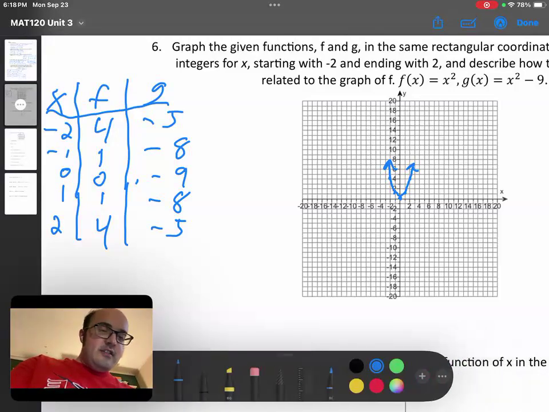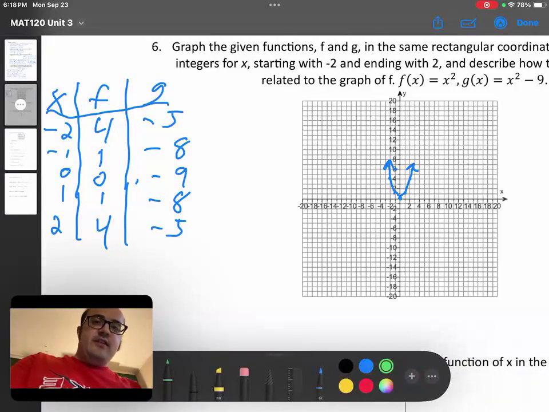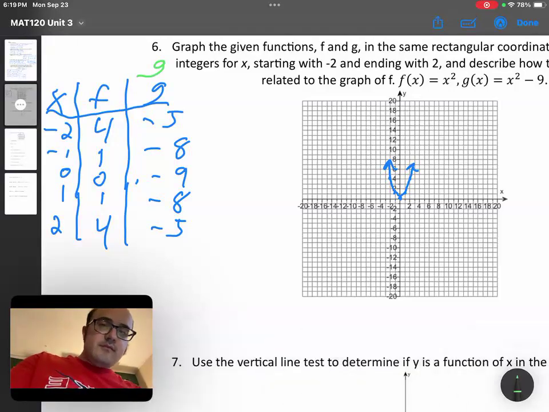This is for f. And then for g, let me use a different color. It's green. This would have a point at 0, negative 9.